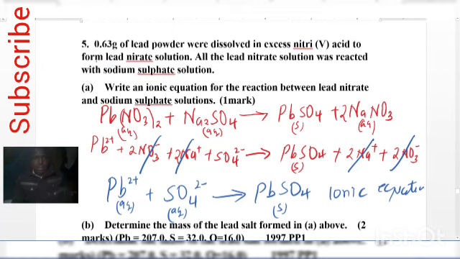Mark it down that we were told 0.63 g of lead was used. And from the equation, as you can see, the ratio is 1:1 everywhere. The number of moles of lead will be equal to the number of moles of the lead sulfate that was formed. You need to know that.